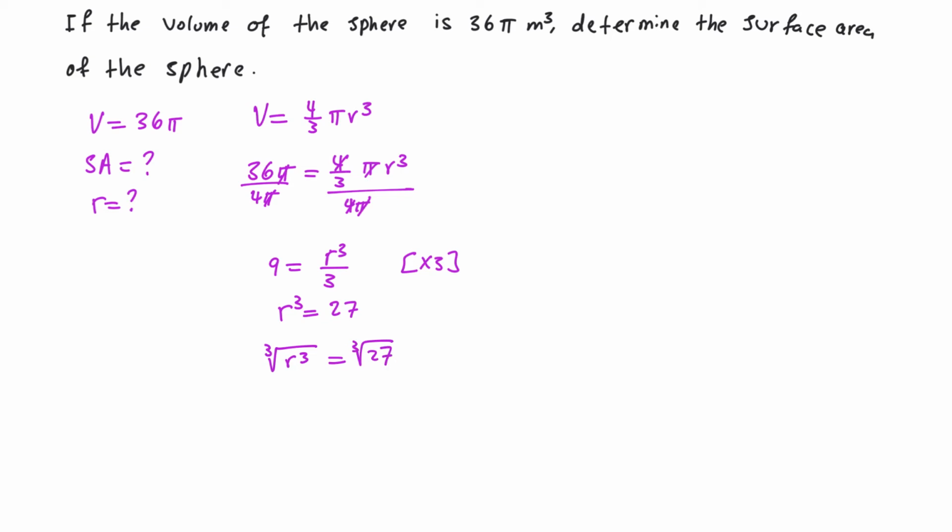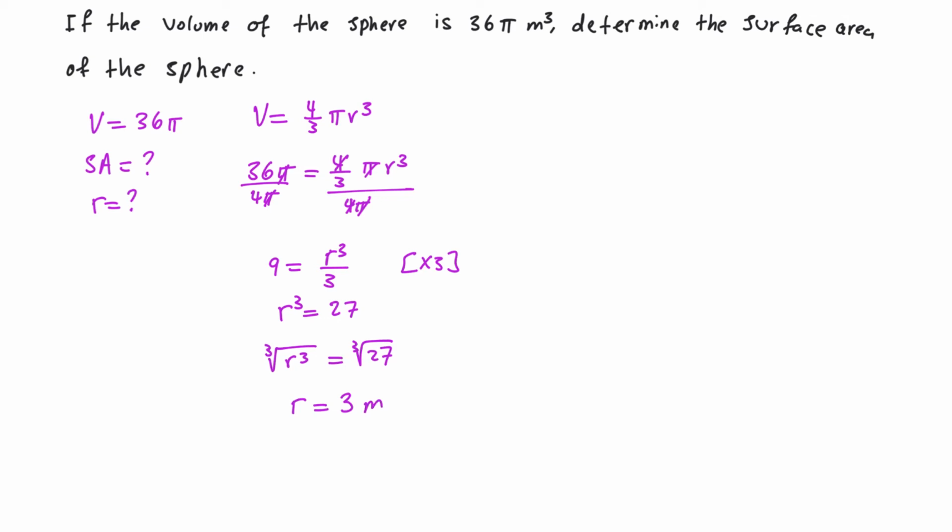And I'm looking for a number that multiplies by itself twice to give me 27. And you can use your calculator, but if you think about this, you should get r is equal to 3 as your answer, because 3 times 3 times 3 will give you 27.